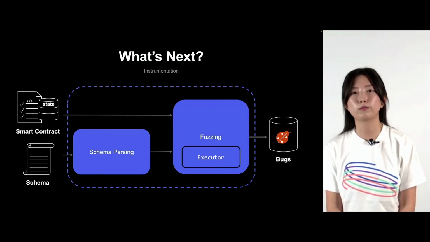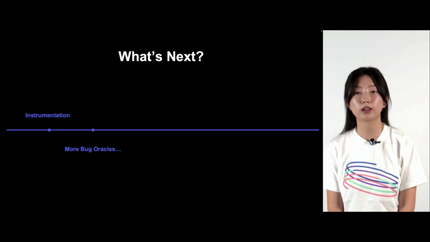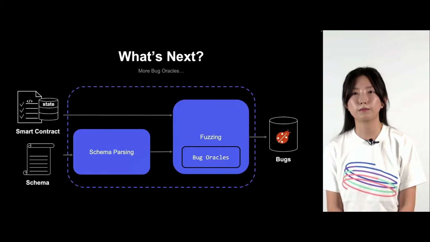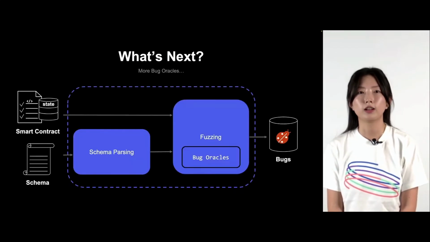In our code, you should look at the executor part of the fuzzing engine. If you could do instrumentation, you could support a bug oracle that can find more bugs. So if you're interested in the bug oracle, please look up the bug oracles part in the fuzzing engine.